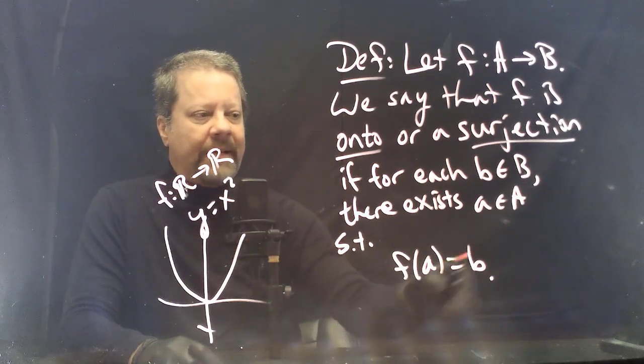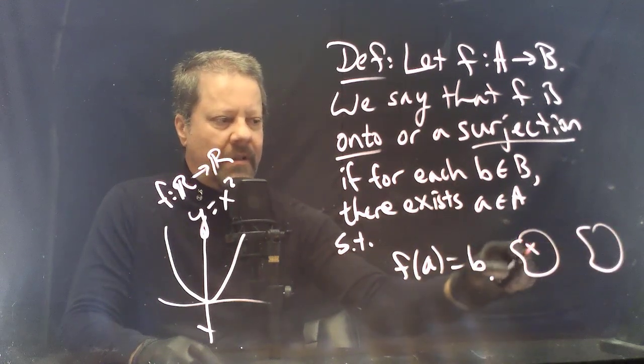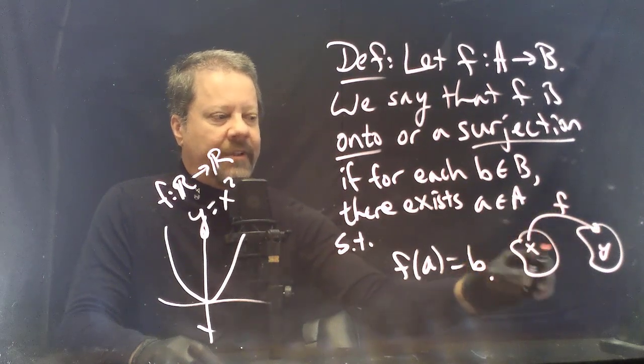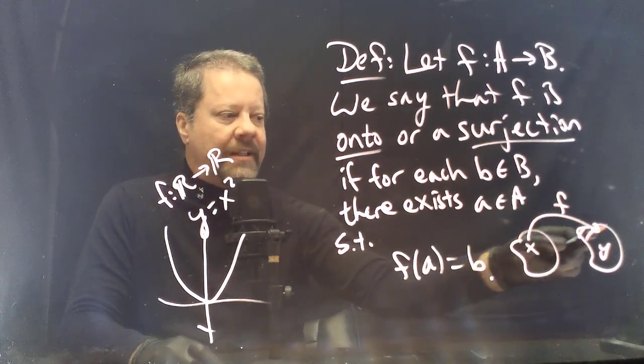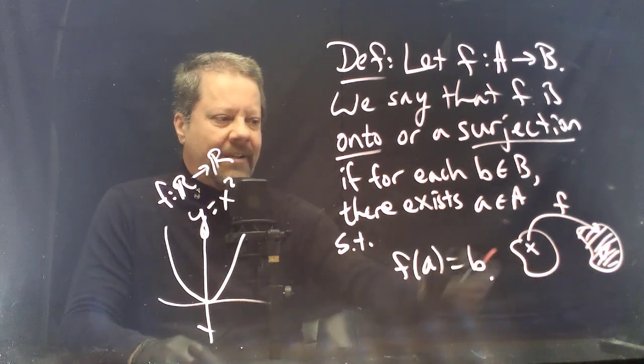So when you're talking about surjection, x's and y's go over here. To be a surjection, the entire codomain has to be reached by some value in the domain. Let me give you another way of looking at this.